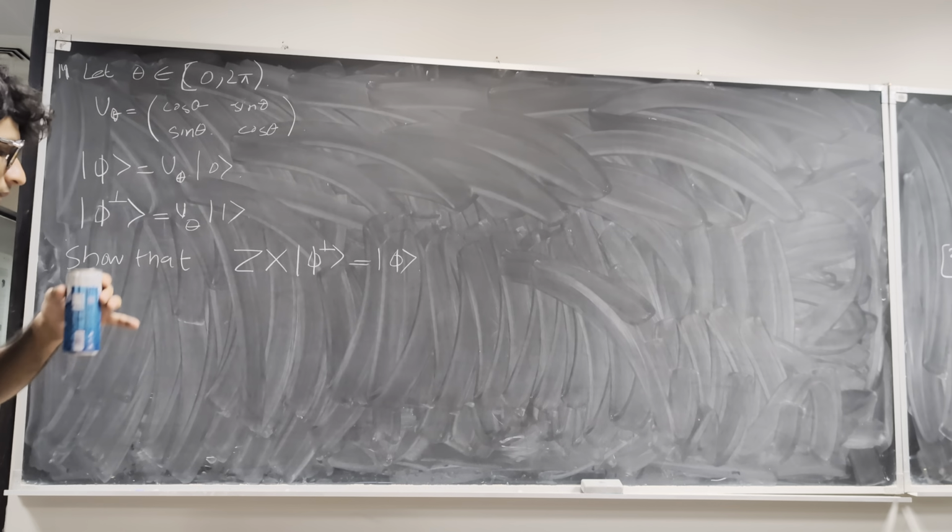Right, so we know what phi is, and we know what phi perpendicular is, right? So just tensor this with itself. Right, so 1 over square root of 2, cos theta, so this would be cos theta sin theta, this thing, and again sin theta.